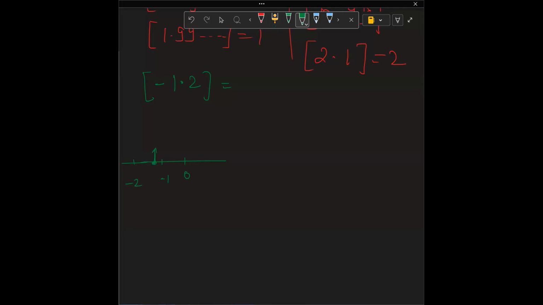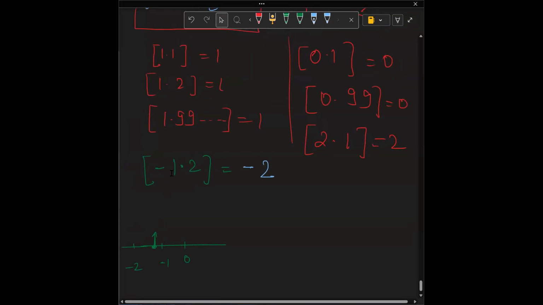Yes, sir. So when I check the largest integer till this point, then that is -2 है ना? So yes, this is -2. So in माइनस के केस में ऐसा होता है, if this is -1.2, so greatest integer will be -2, and in positive case में if this is 1.2 then this is 1.